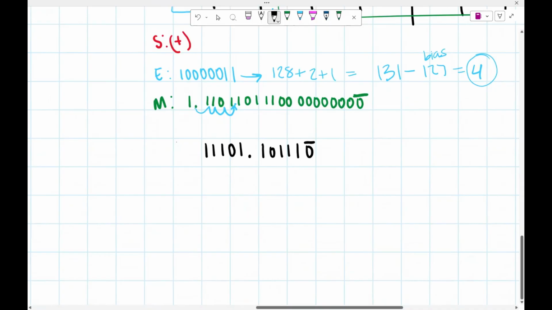Okay, so now I can say that this would be 1 plus, this is 2, and then this would be 4, and then that would be 8, and then plus 16. And that is 29.